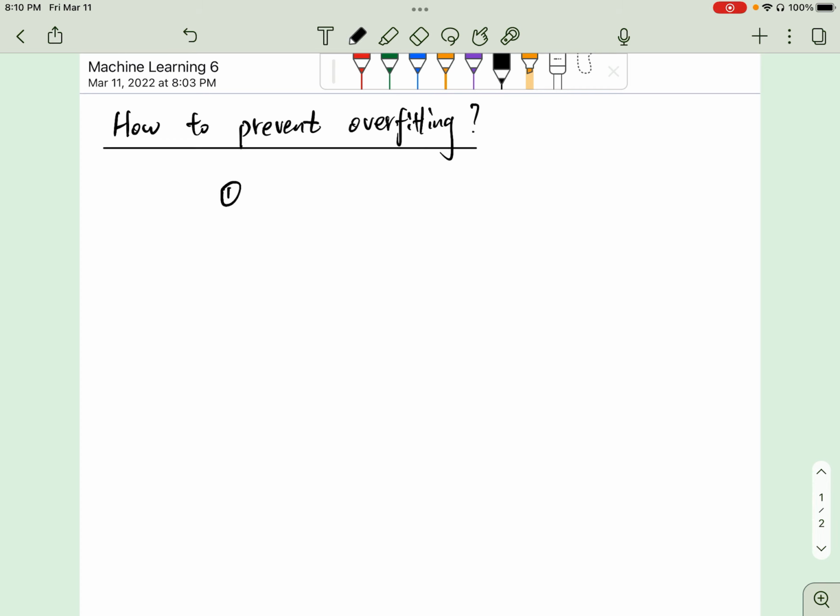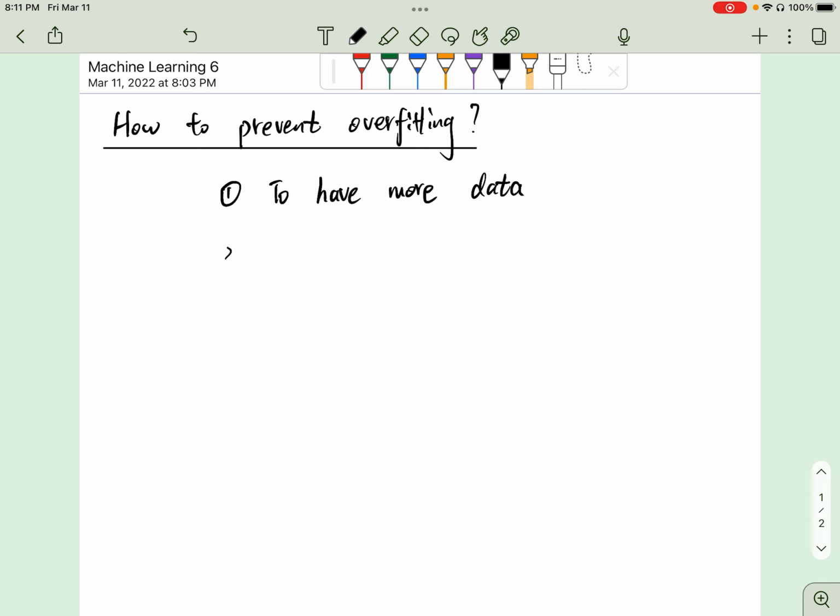Thus, the first solution to prevent overfitting is to have more data. This is an easy, or very hard, solution. Sometimes we are unable to get more data, maybe because our tests need funds, or the data in your area is very limited. There's no way you can find more data.